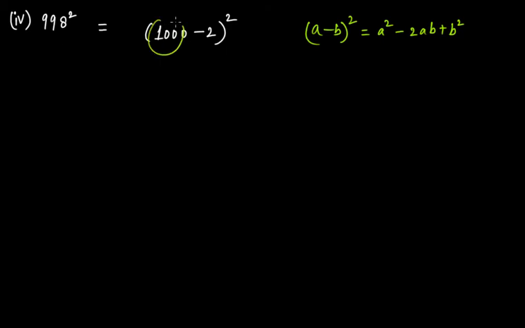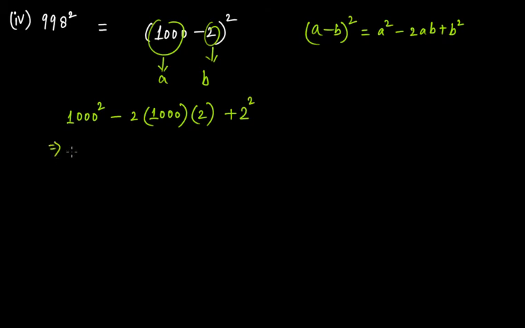So take this as a, this as b. A squared is 1000 squared, right? Then minus 2 multiplied by 1000 multiplied by 2 plus 2 squared.